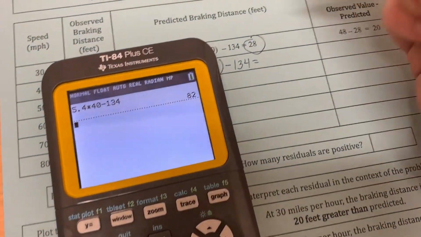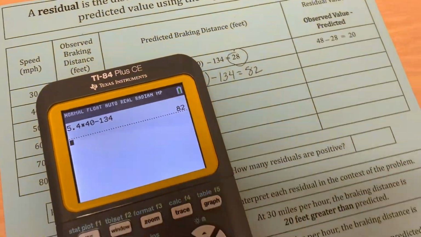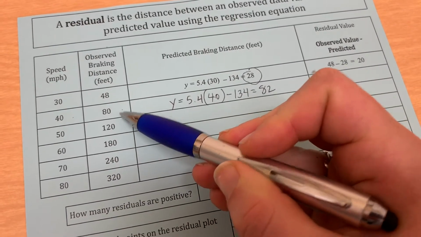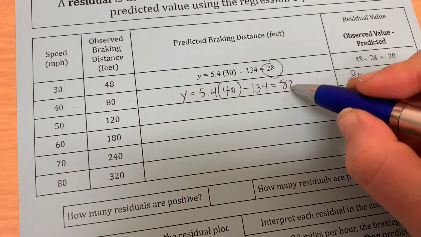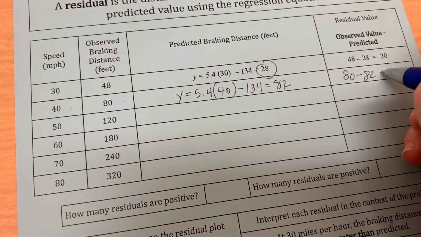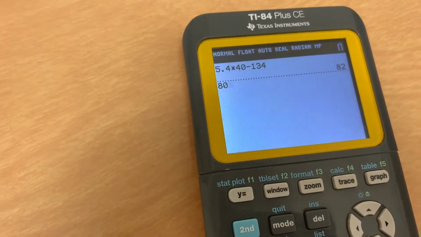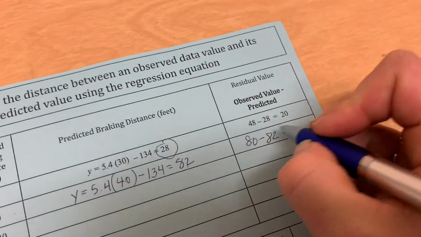So our 82 goes right there. Now we look, our observed value is 80, but our predicted value is 82. So we go 80 minus 82. In our calculator, 80 minus 82. What do we get? -2.